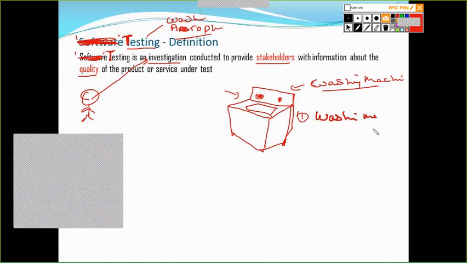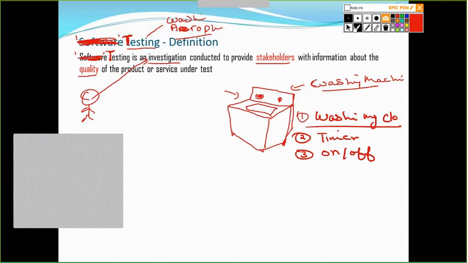Wash my clothes, right? The timer. Yes, it should have a timer. Perfect. On and off. Yes. Temperature. Perfect.